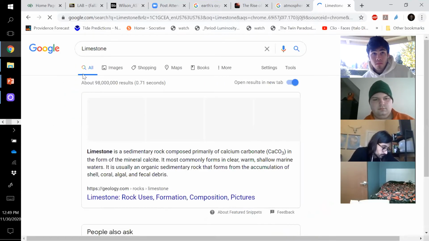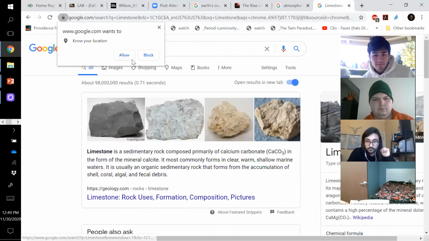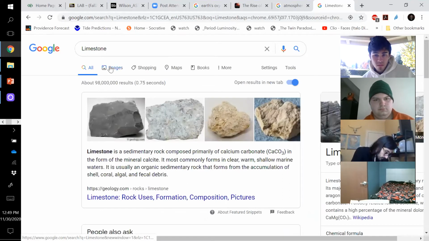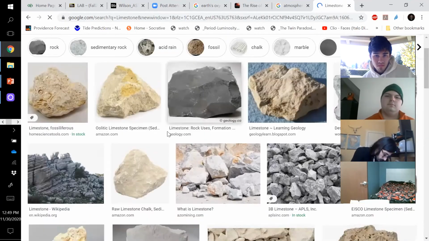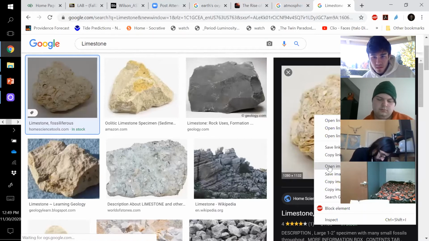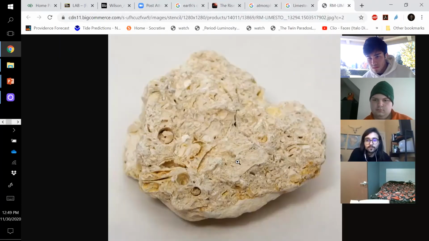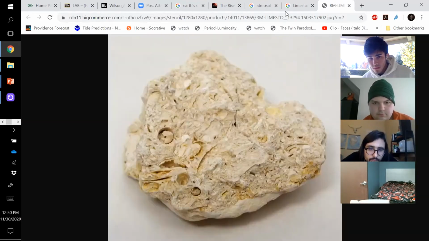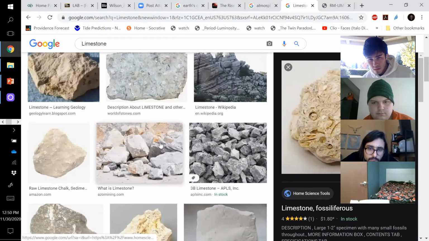I just want to find a picture of this. And I want you guys to notice something here. Here's a picture of limestone, kind of this porous rock. What do you guys see embedded in this image here? I don't know if you can see this. This is kind of a lousy picture. Let's find another one here.